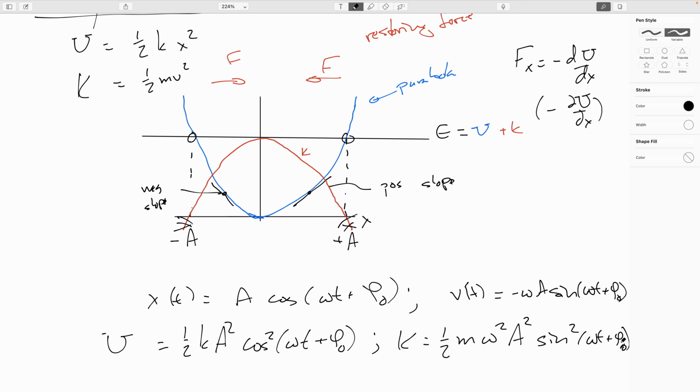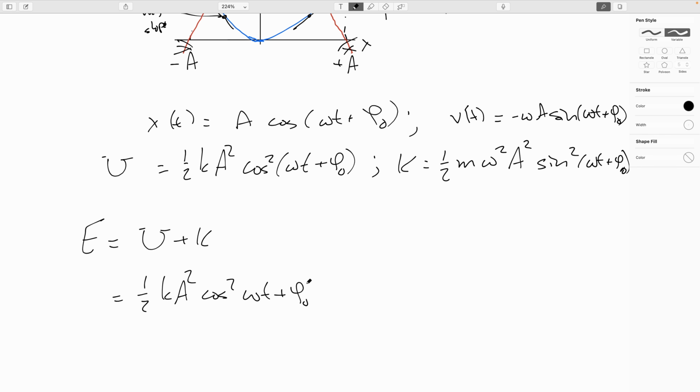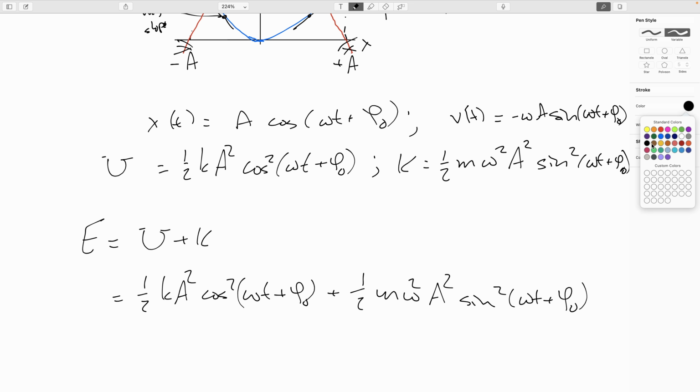All right, let's go ahead and check whether the total mechanical energy is conserved. So the total mechanical energy, remember, is going to be U plus K. This is 1/2 k A squared cosine squared of omega t plus phi naught plus 1/2 m omega squared A squared sine squared of omega t plus phi naught. However, we remember that the angular frequency has to be equal to the square root of k over m.